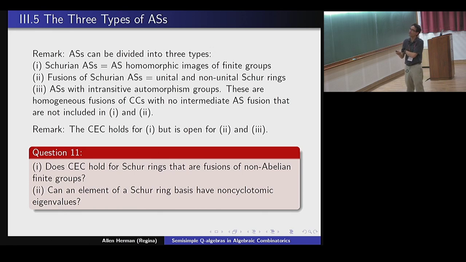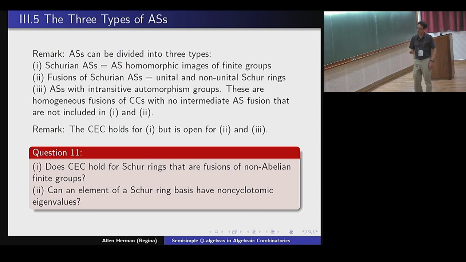And then you also have these association schemes which are not coming from groups. They have intransitive automorphism groups. They don't fit in these 2 categories. They come directly from coherent configurations, and you fuse so that you take the elements in delta and fuse them together and produce an association scheme from that.